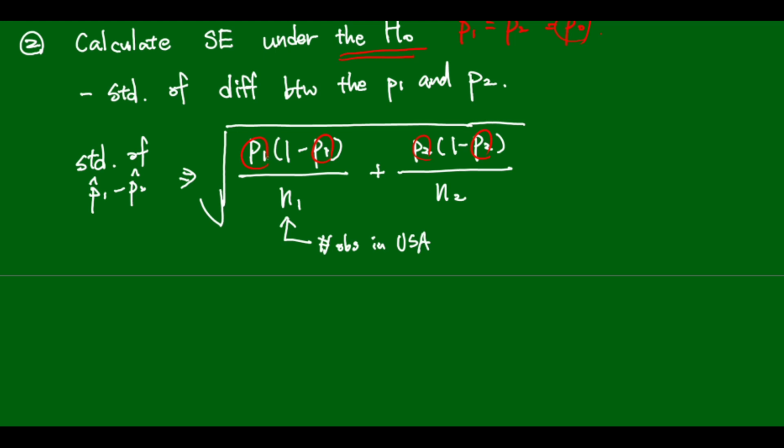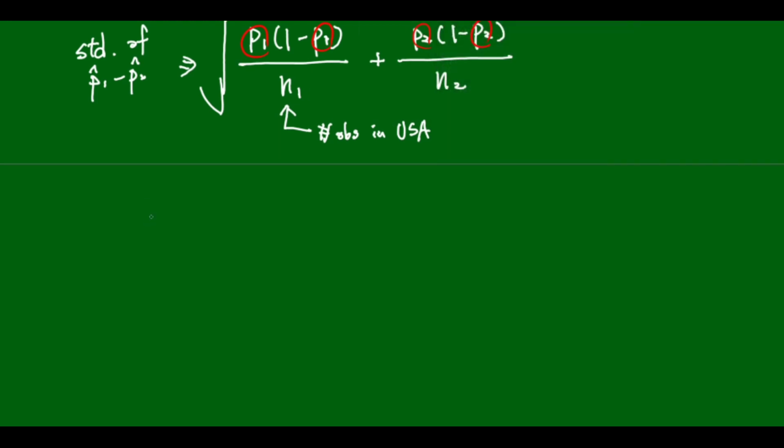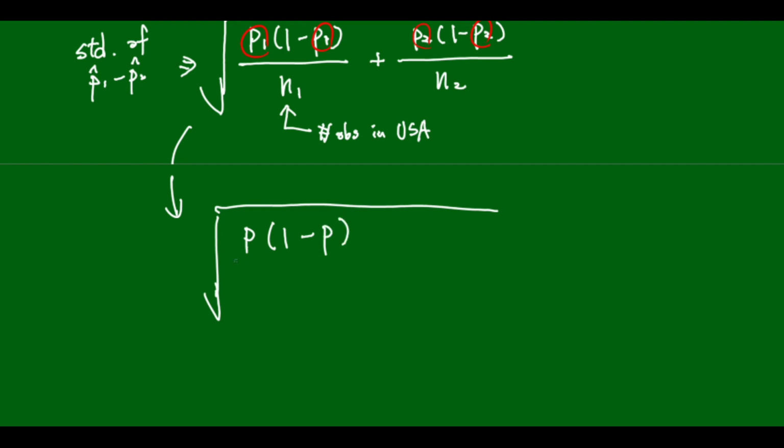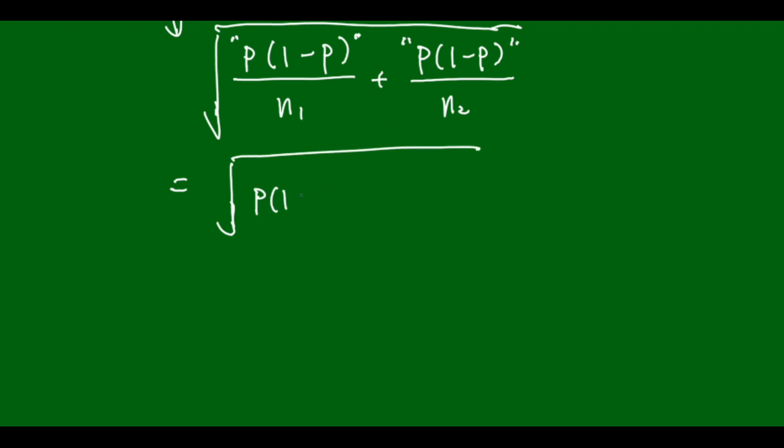But when we assume these two are the same, we can factor this out. So we can rewrite this formula into this form: P naught times 1 minus P naught, times 1 over N1 plus 1 over N2, when we assume that H null is the true statement.